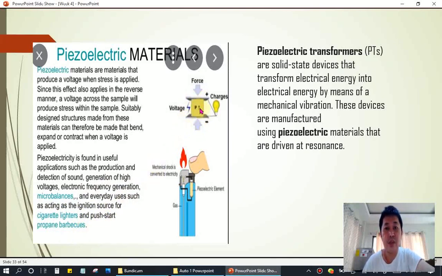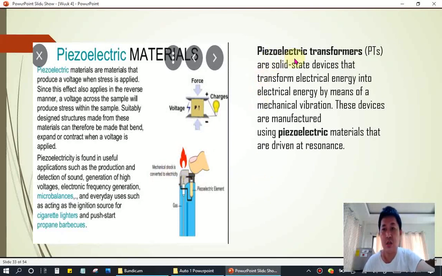So as you can see here, the voltage lighter. As you push this igniter, there's a current and it ignites the gas here to create a flame. So that is one example of the application of the piezoelectric.